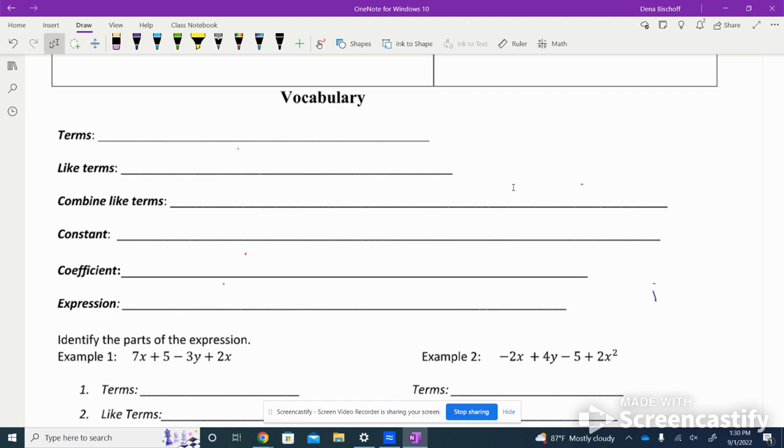It's just a bunch of things joined by addition and subtraction. Okay? That is what an expression is. So today, we are going to combine like terms, meaning that we're going to group the things together that are the same. And we're also going to practice distributing.